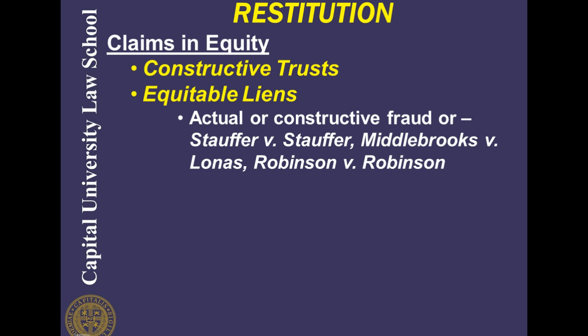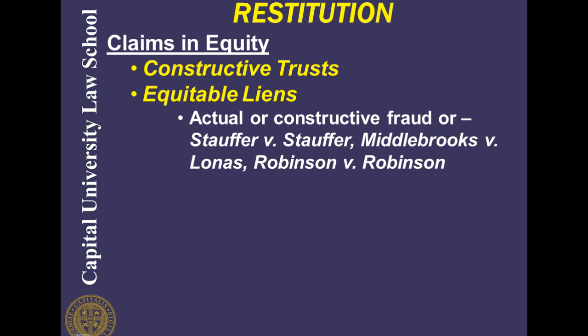Now, actual or constructive fraud is one of the requirements of proving restitution at equity. They must prove actual or constructive fraud, and you see this playing out in these various cases that we've had to read for the equitable section here.